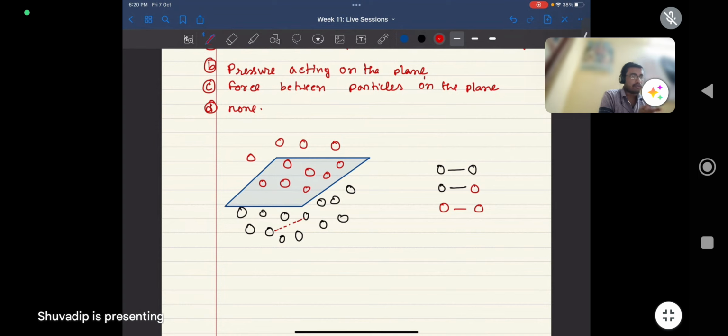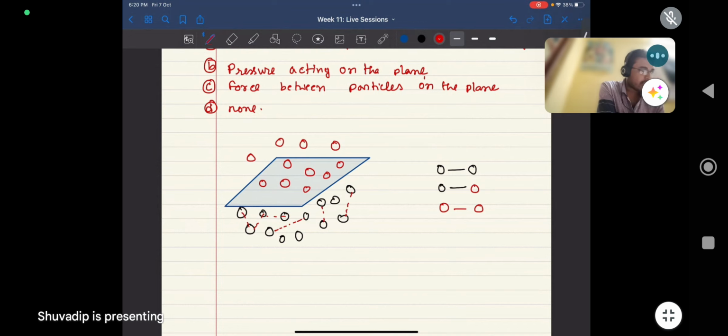So when we are calculating the force acting on the plane, this kind of interaction force between the particles only on a single side, only the black particles, will not contribute to the stress acting on this blue plane, which is our aim to calculate.